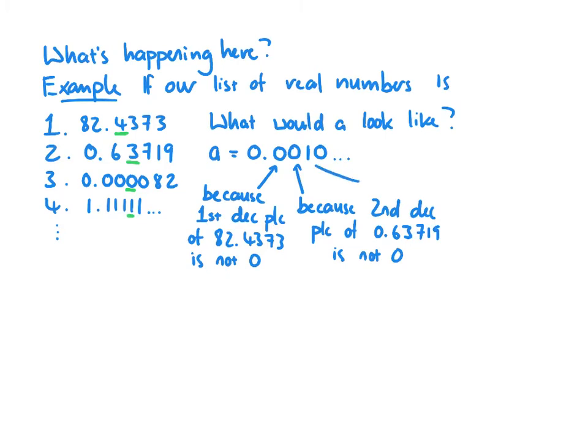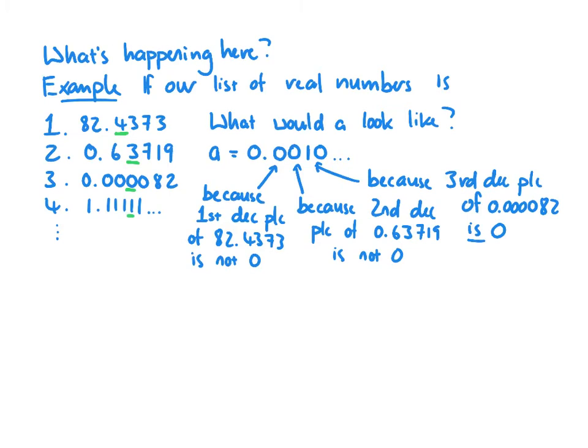And then this 1 here is there because the third decimal place of this number, 0.000082, is 0. You put a 1 in that spot.